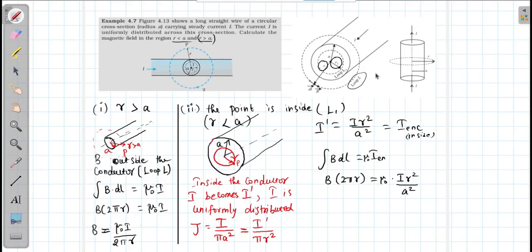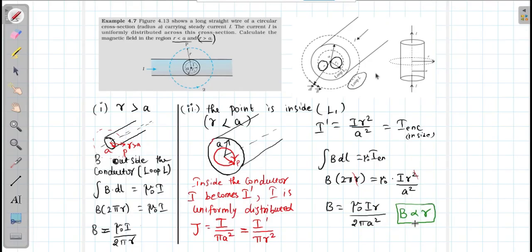Here r and square get cancelled. Therefore, B equals mu naught I r divided by 2 pi a square.